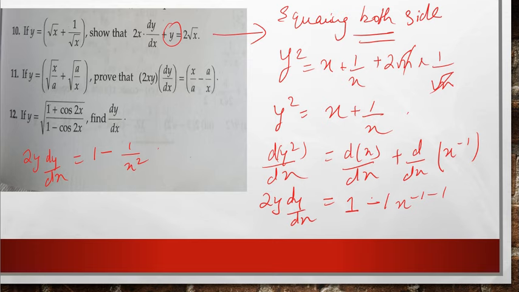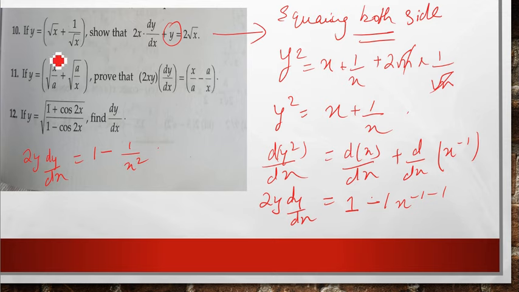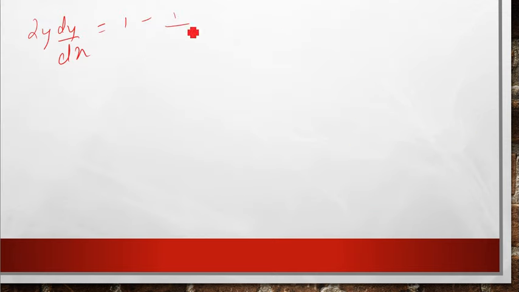Till here we had got 2y dy by dx equal to 1 minus 1 by x square. So we can write 2 dy by dx equal to 1 by y minus 1 by y x square.